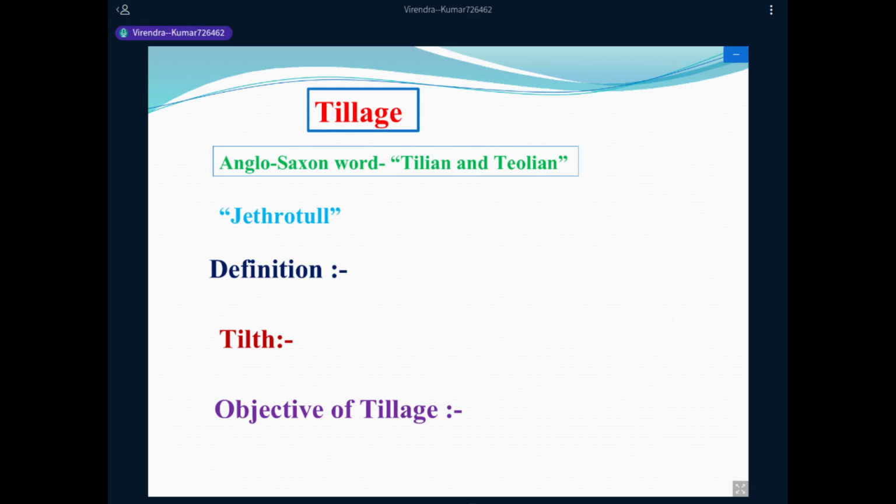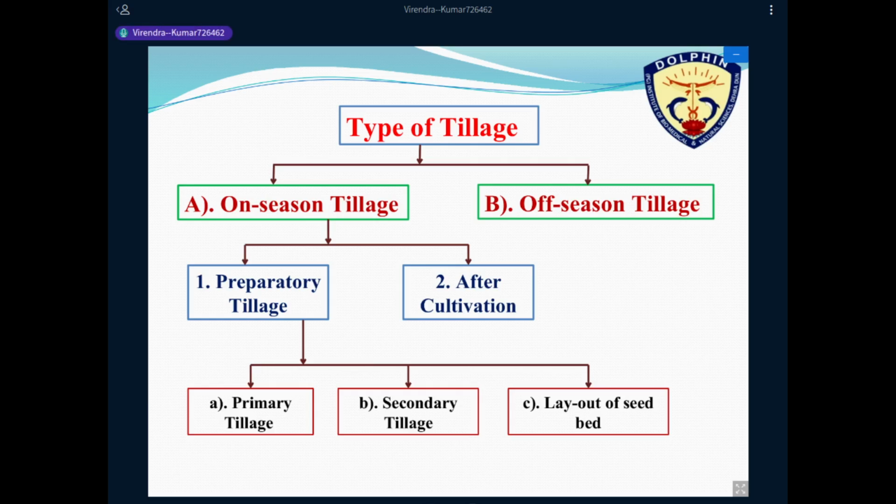By tillage practices we try to reduce the weed population, increase the volume of the soil and its water holding capacity, and make the soil favorable for the uptake of nutrients and water. These are the many objectives of tillage practices. They have already been discussed in previous classes; today I will summarize them.